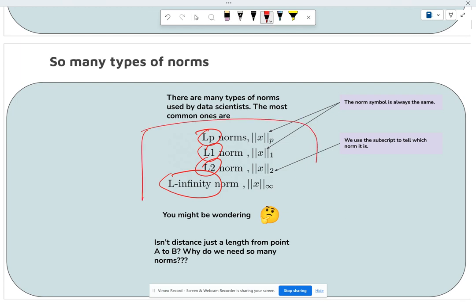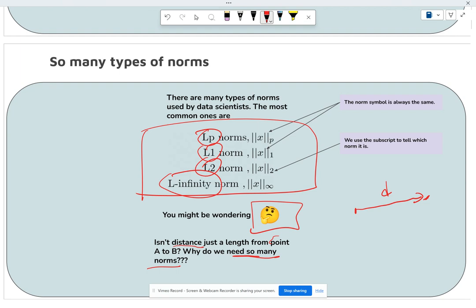With all these norms, you might be wondering, isn't the distance just from point A to B? Why do we have so many norms? Why do we have so many ways of measuring distance? If there's a distance, why don't we just measure this? Why are there so many ways?